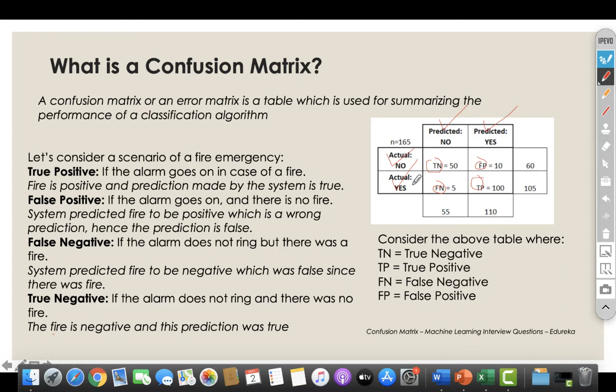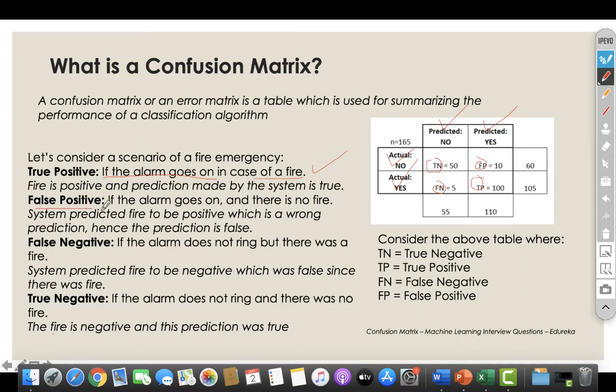Let's look into each terminology, the definition, like what true positive is. In case of true positive, if the alarm goes on in case of fire, this is very straightforward. Fire is positive and the prediction made by the system is true.